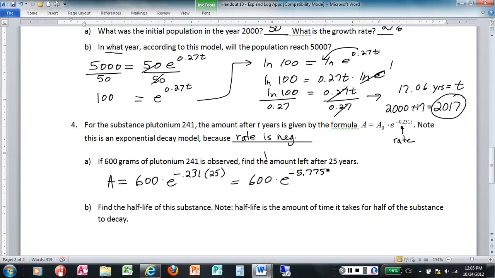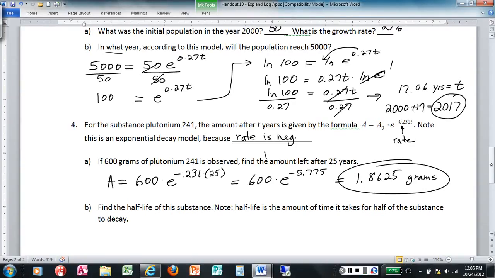Get what that is. It's about 0.0031. Then times that by 600. It's 1.8625. And notice this is an amount, and in this case we're talking grams, so that'd be 1.8625 grams. Okay?